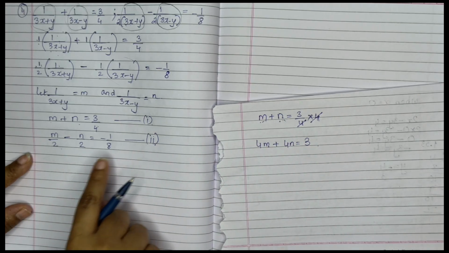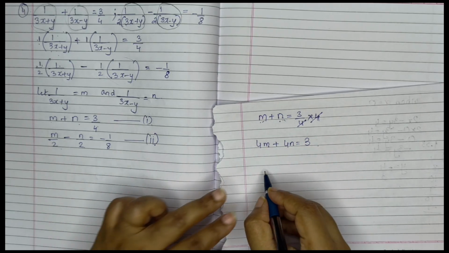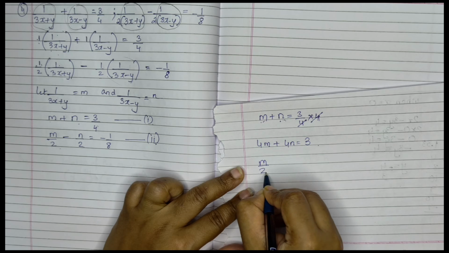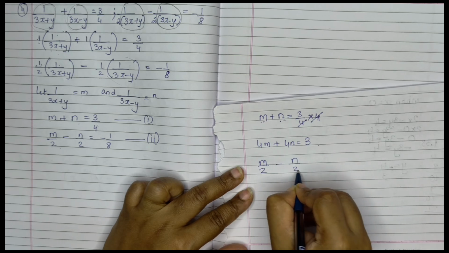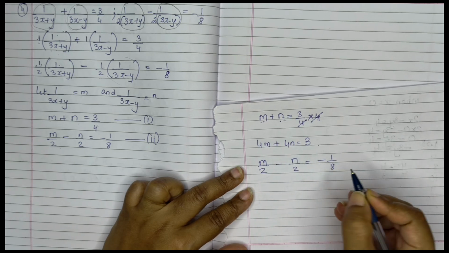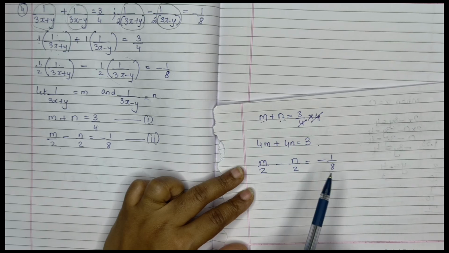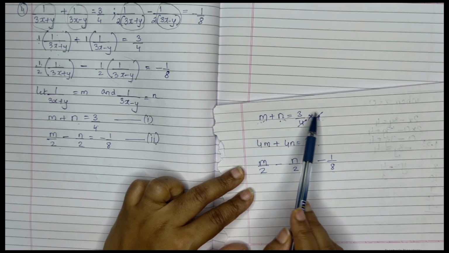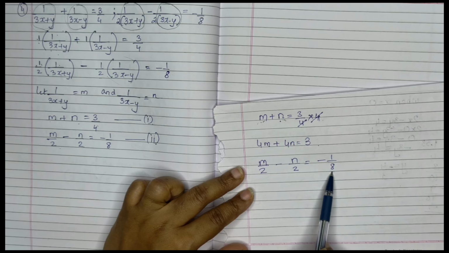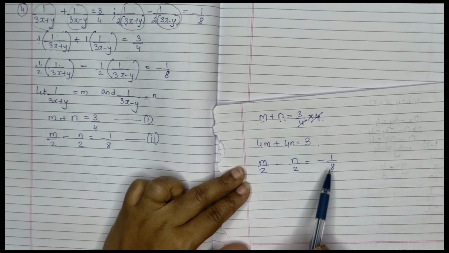Same way the second one. See the second one, m upon 2 minus n upon 2 is equal to minus 1 upon 8. Now there is 8 over here, right? See, there was 4 before, so we multiplied both the sides by 4. There is 8 here, so multiply both the sides by 8.